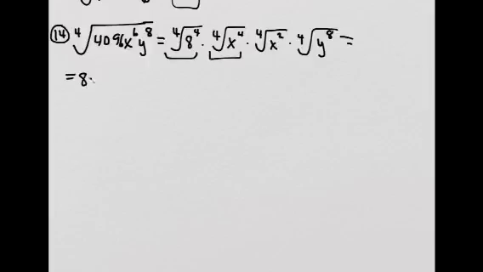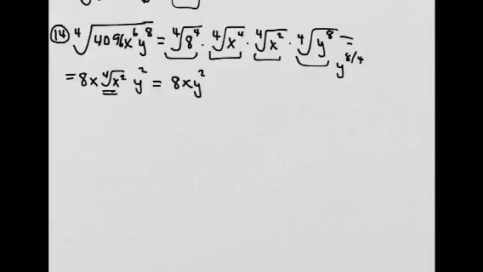This one comes out as x. This one stays like this for now. And then this one, this is actually y to the 8/4, so it's actually y squared. And so this one right here, 8xy squared, is x to the 2/4, right? But x to the 2/4 is really x to the 1/2. So a more simplified way of writing this would be the square root of x, because that's what x to the 1/2 equals. So there's the answer.